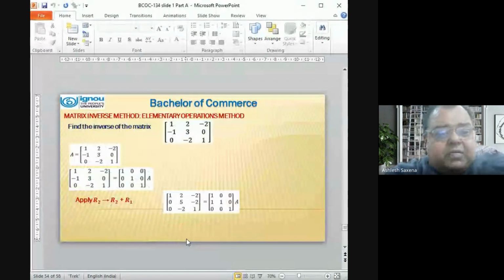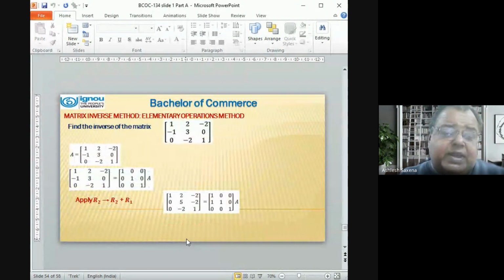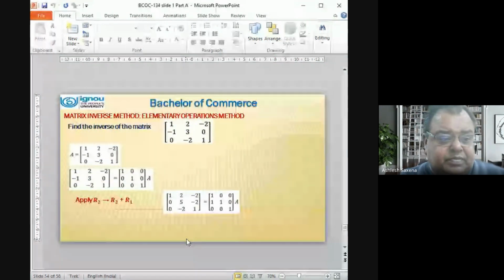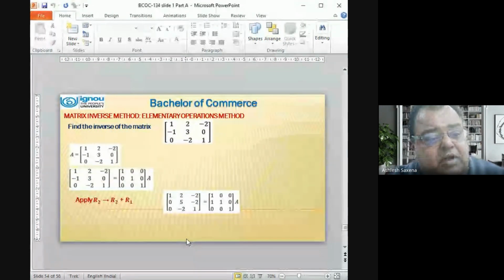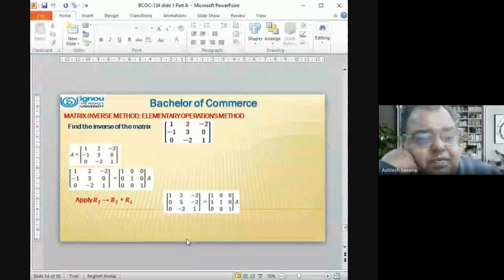Now, to find the matrix inverse, we will be finding the inverse by the elementary operation method. What is the exact step?